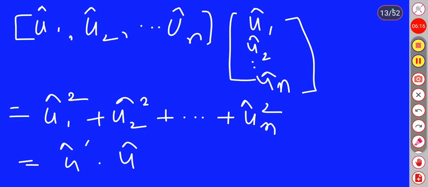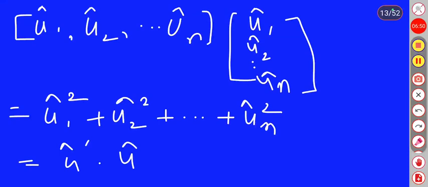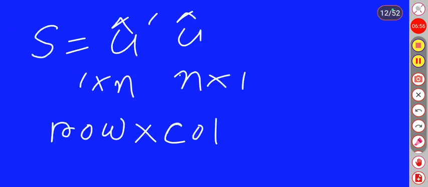So u hat prime into u hat, we can write as u1 hat, u2 hat up to un hat, with only one row but n columns, multiplied with u hat, that is u1 hat, u2 hat up to un hat, with n rows but only one column.